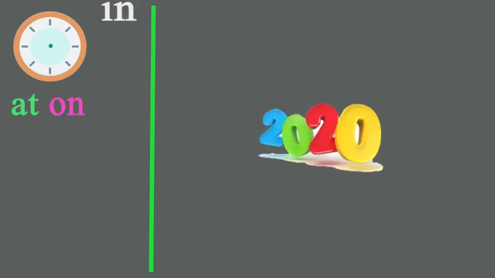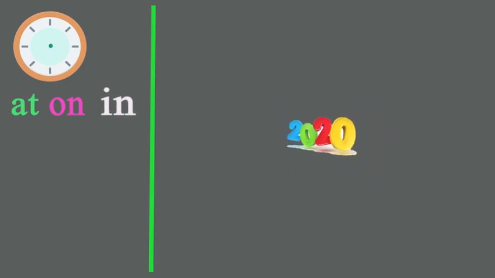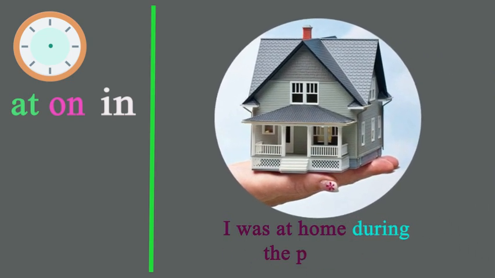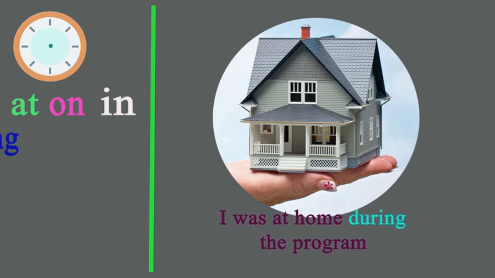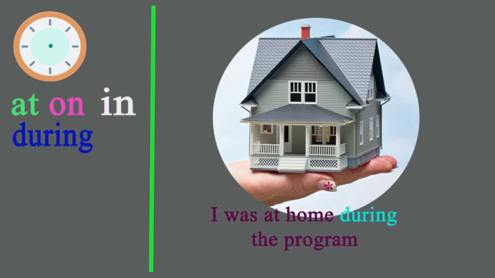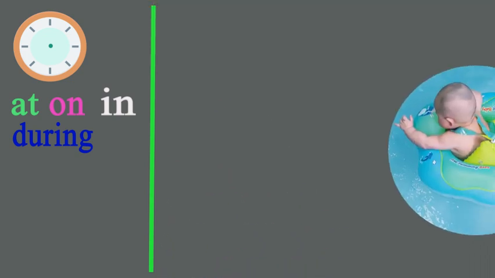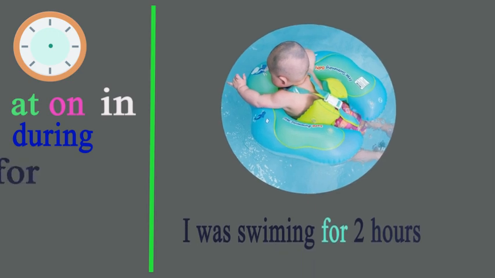We did it in 2020. So 2020 is a time and in is a preposition of time. In the same way, I was at home during the program. During implies a time, so it is a preposition of time. I was swimming for 2 hours. Here also for implies a time.